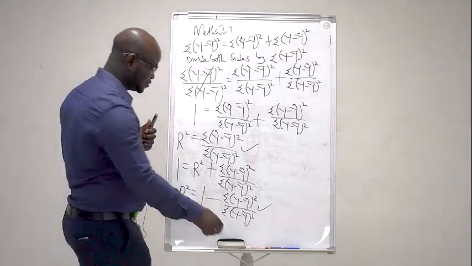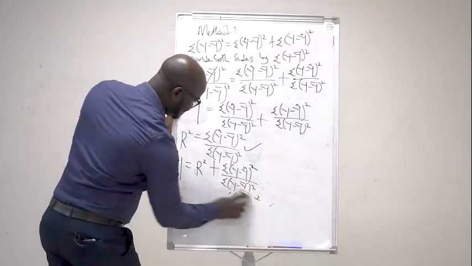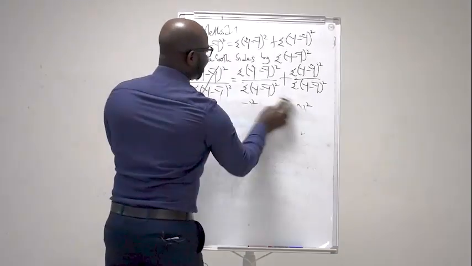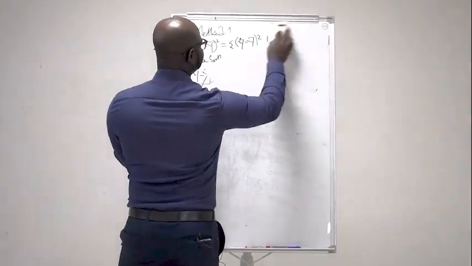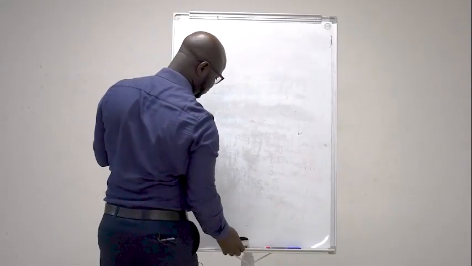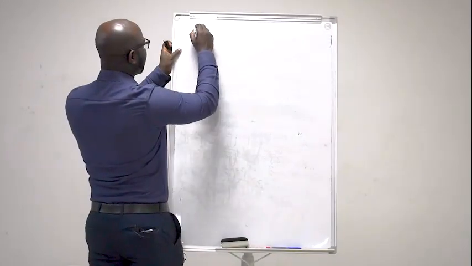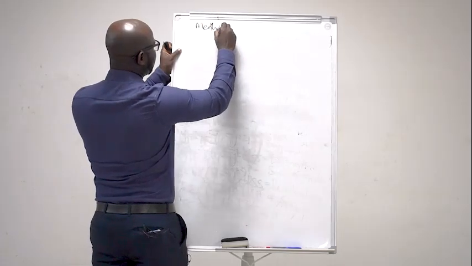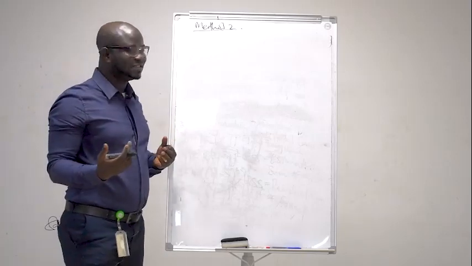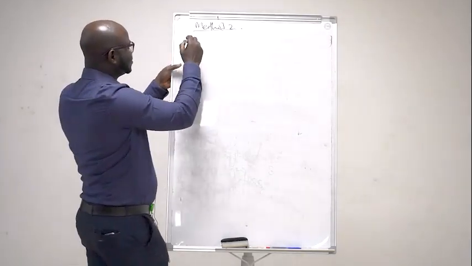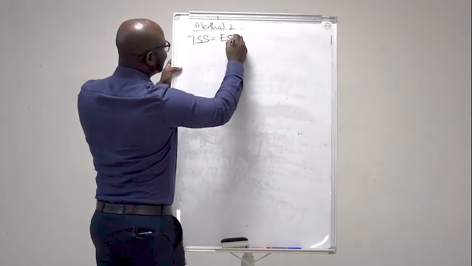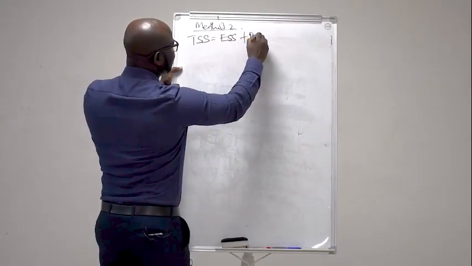So for method 2, class, we can also use the TSS, right? So I can say TSS is equal to ESS plus RSS. We've explained what this is all about.